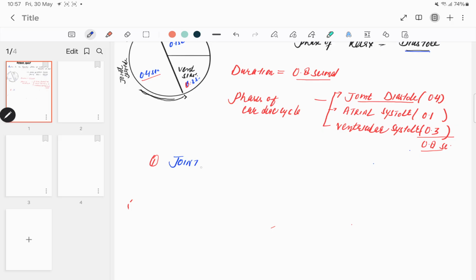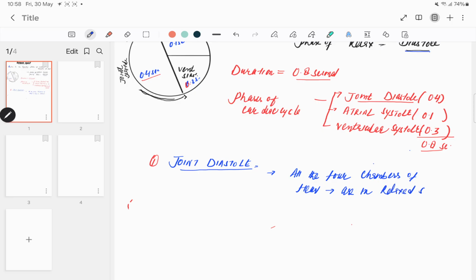What happens in joint diastole? Number one, all the four chambers of the heart, that is auricles and ventricles, are in a relaxed state.